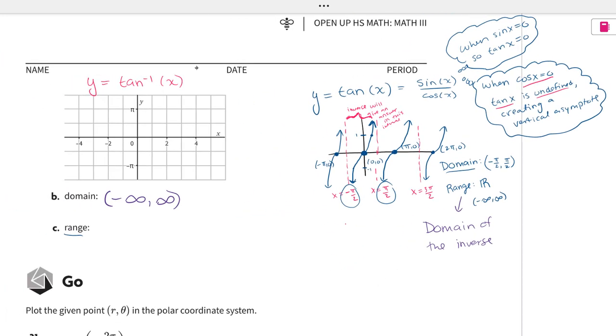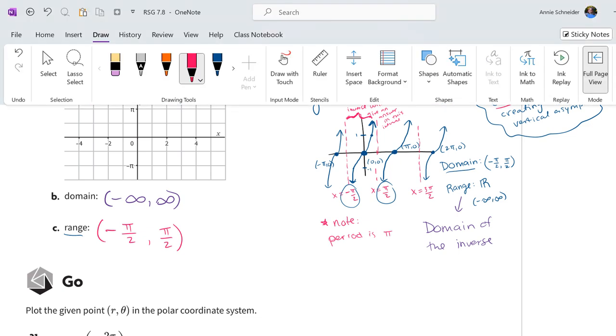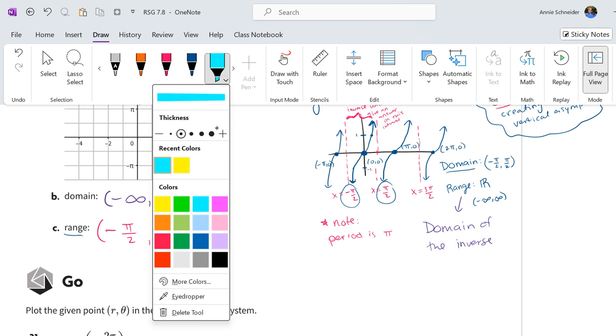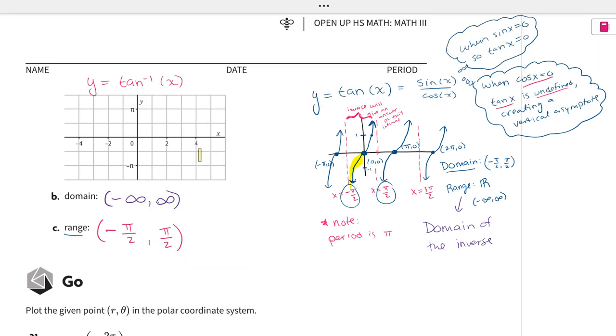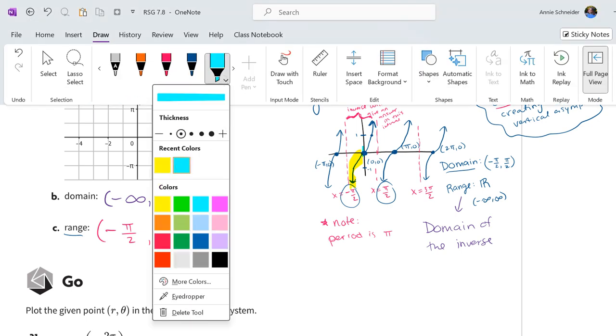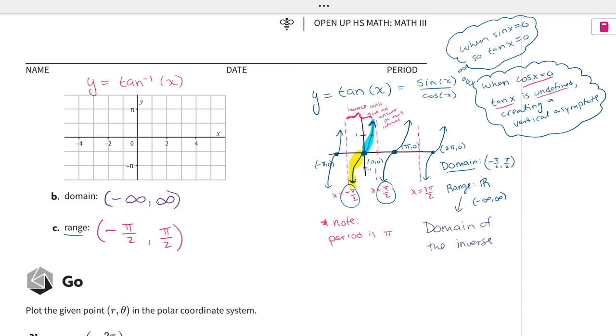The domain of tan of x is the range of tan inverse, so negative pi over 2 to pi over 2. The period of tan of x is pi; it repeats itself every pi. Let's use this segment to graph. There are my negative tan values and my positive tan values.